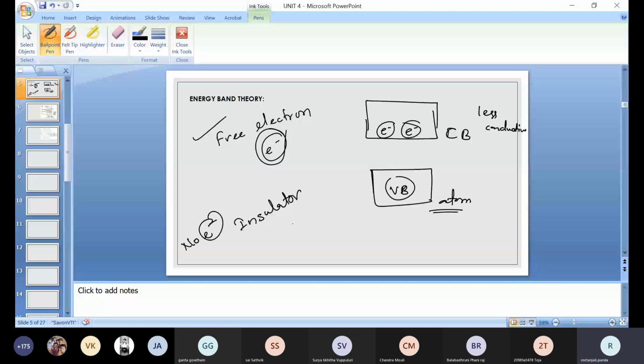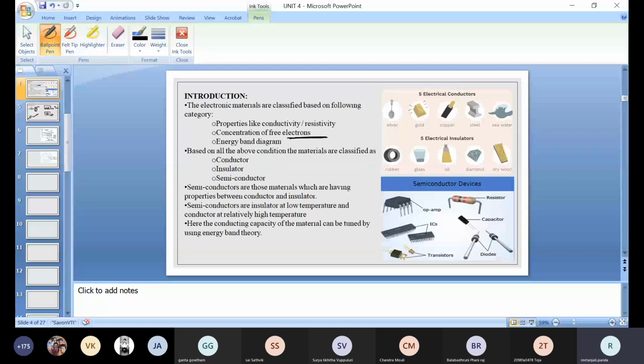So the number of electrons present in the conduction band, this is what the condition is saying: the concentration of free electrons means the number of electrons present in the conduction band. If this concentration of free electrons is high, then it is a very good conductor of electricity.